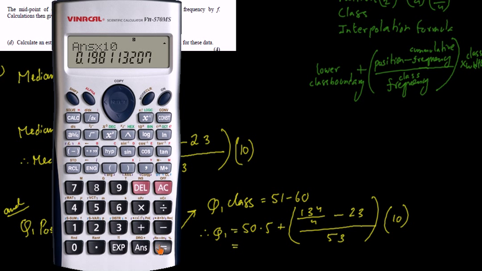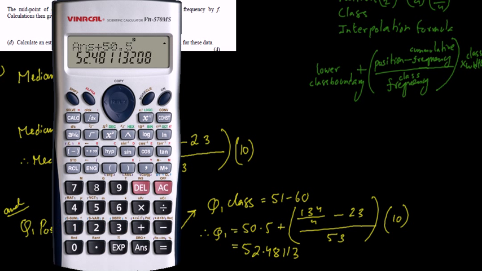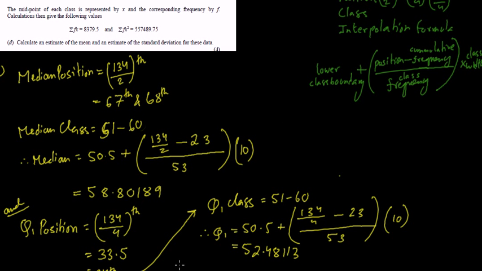Remember PEMDAS, the order of operation. Now we add 50.5. That is 52.48113. Let me double check. 52.48113. Okay, that seems all right. So this is Q1.